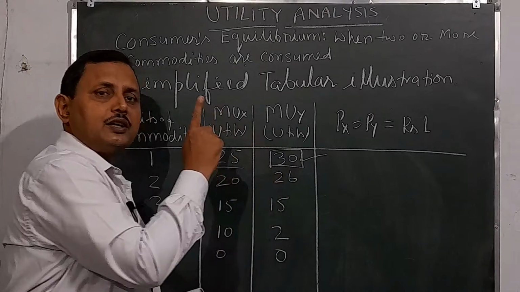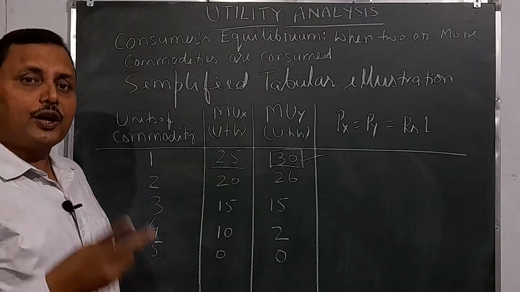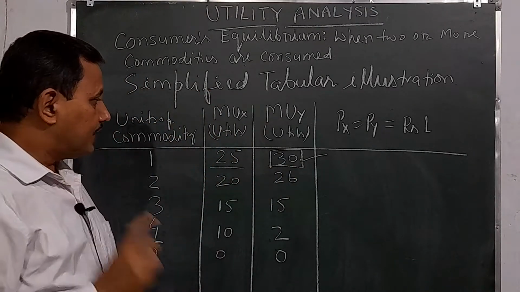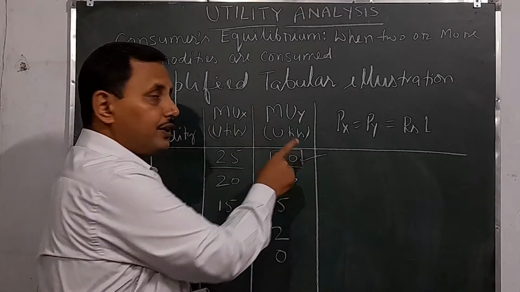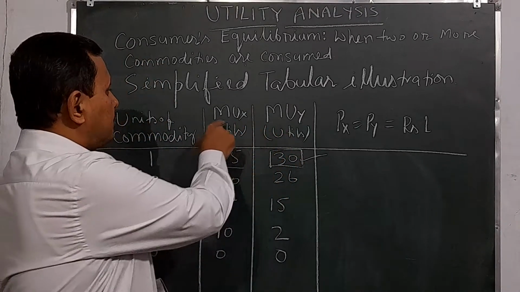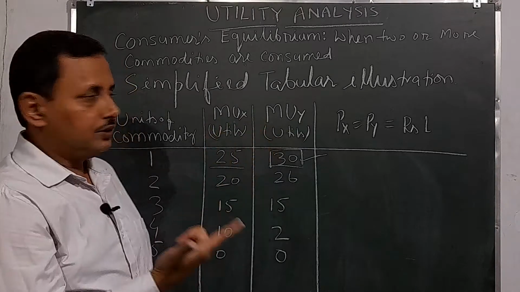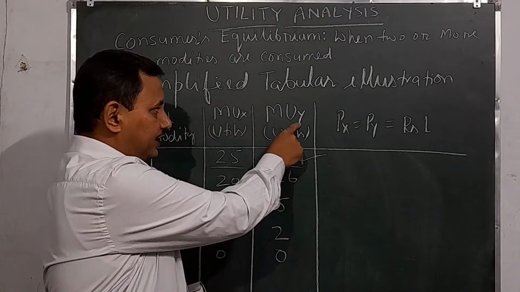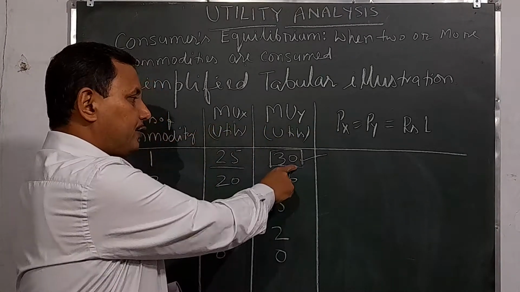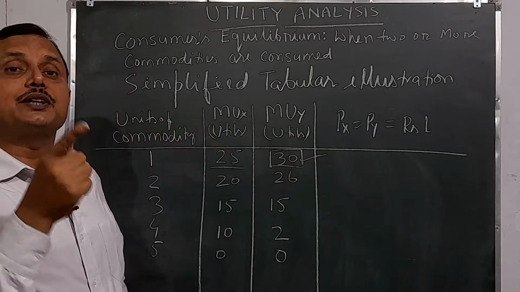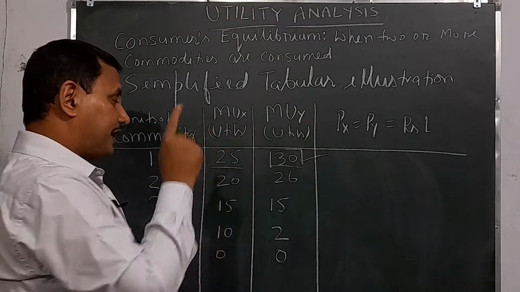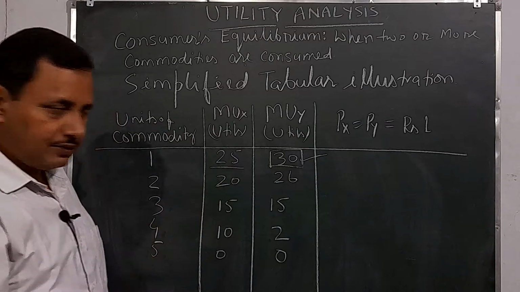For example, he has 2 rupees. He has the option to consume either X or Y or both. The first rupee he will spend on commodity Y, where he gets total satisfaction of 30 utils. For the second rupee, where should he spend it?